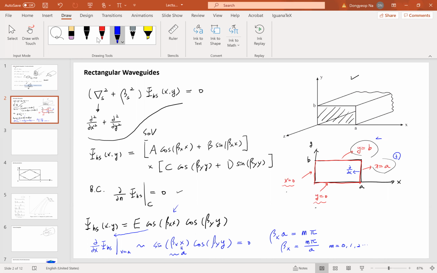Likewise, we can apply this boundary condition on the fourth wall when y is equal to b. In that case, we can follow a similar procedure. Then we can obtain that beta y is going to be another integer multiple of pi over b.